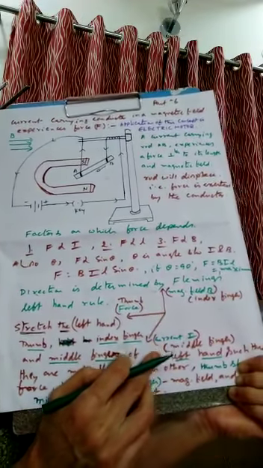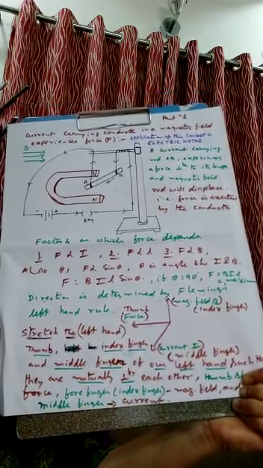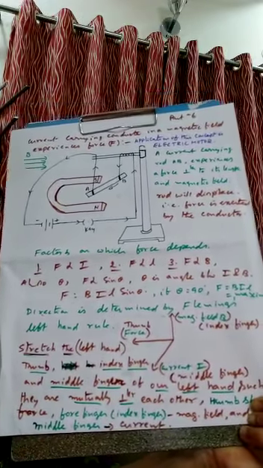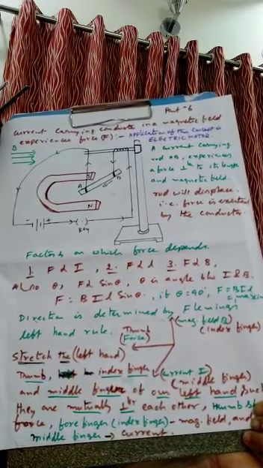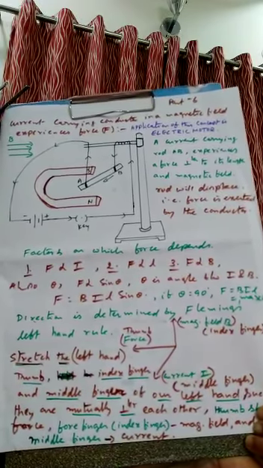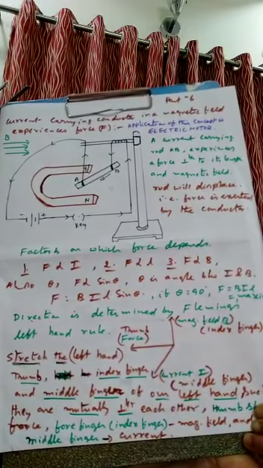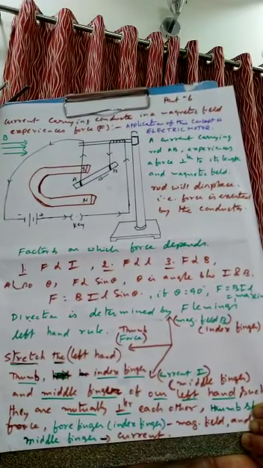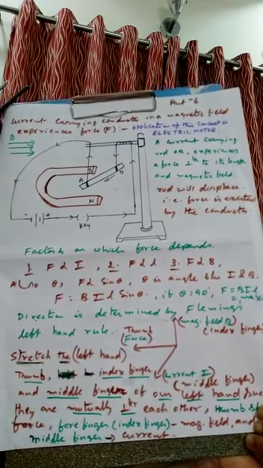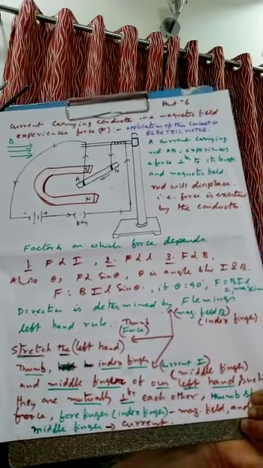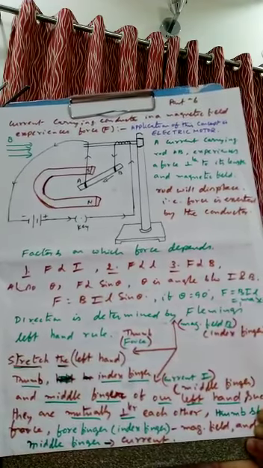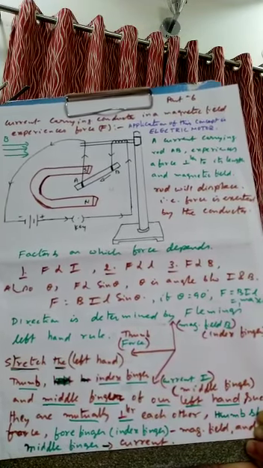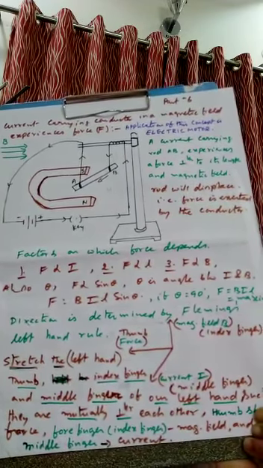Once again, what is Fleming's left hand rule? It is used to determine the direction of force exerted by a current carrying conductor placed in a uniform magnetic field. You stretch your thumb, forefinger and middle finger in such a way that they are mutually perpendicular to each other.